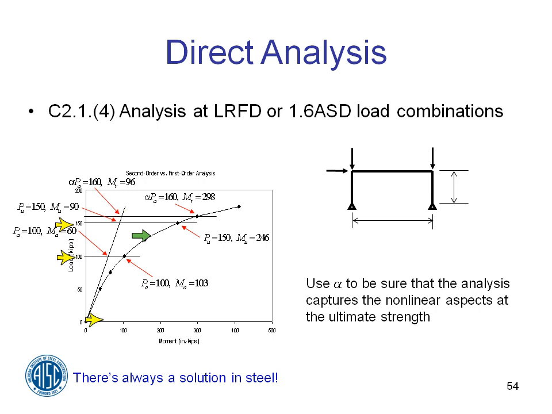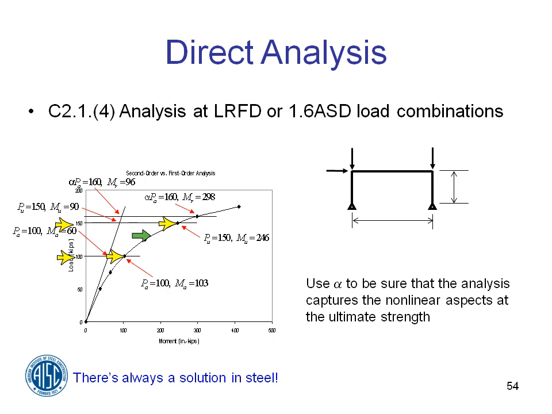But if we do a second order analysis at a 100 kip level, we're over here now at a moment of 103, and at the 150 kip level, we're over here at a moment of 246 foot kips. So the amplification at the higher level is much, much larger.